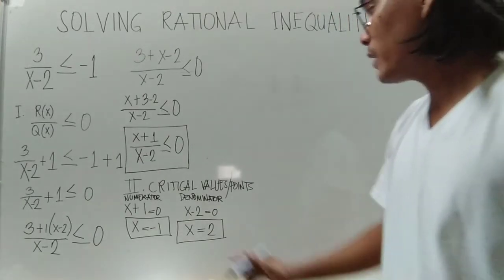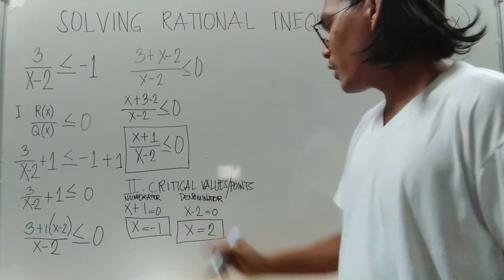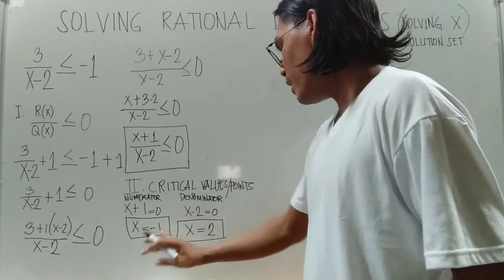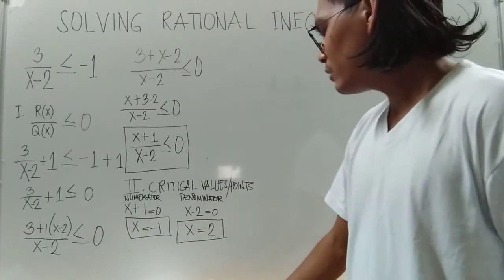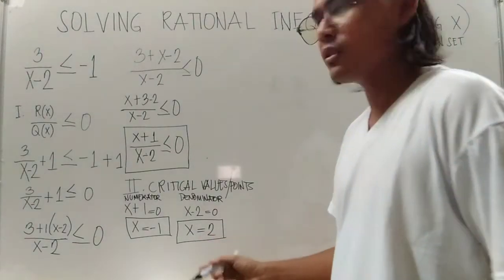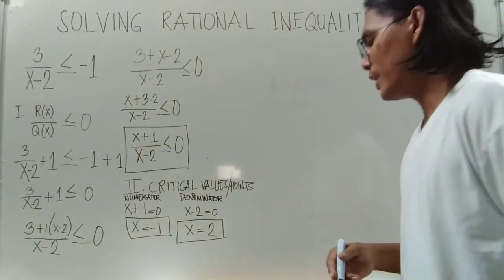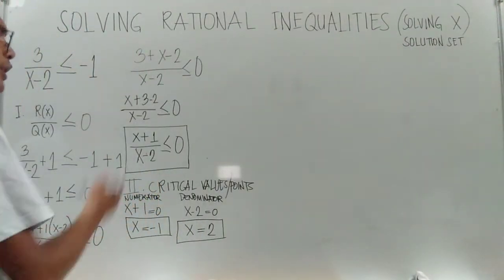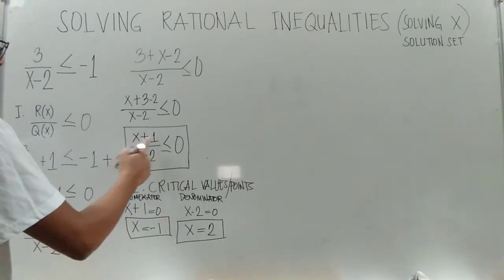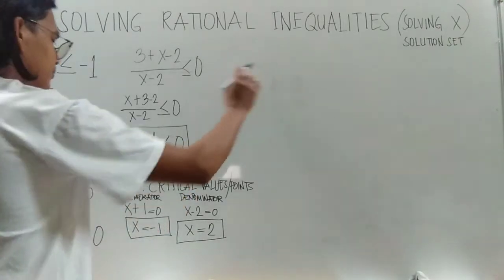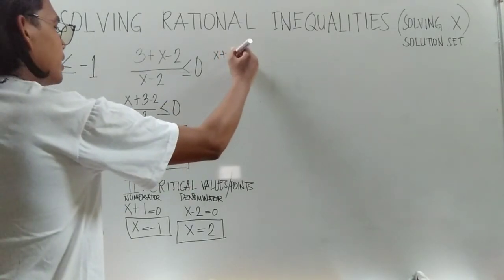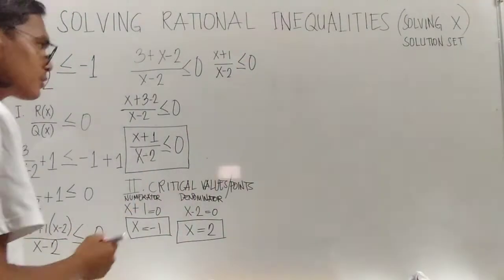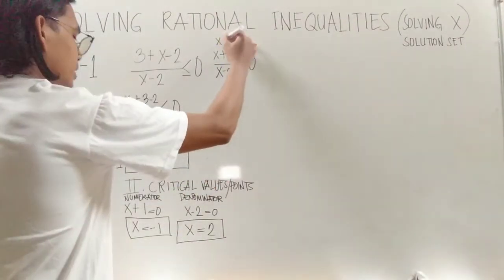As a part of step number 2, let us identify whether x equal to negative 1 and x equal to 2 are part of your solution set or not, by substituting into your inequality, x plus 1 over x minus 2 is less than or equal to 0.